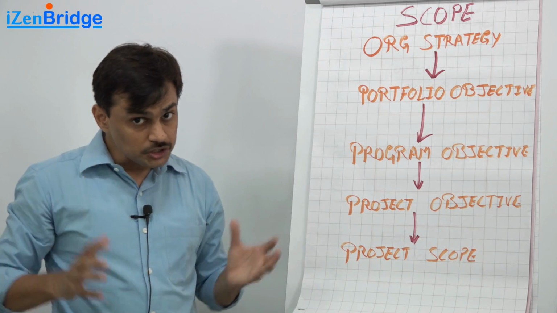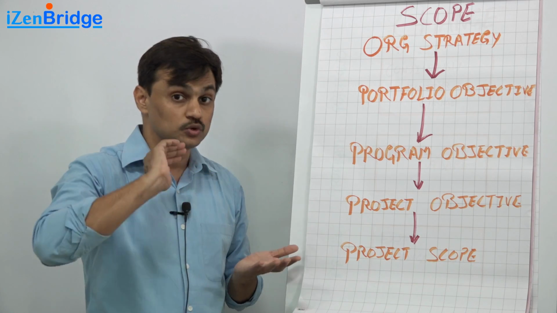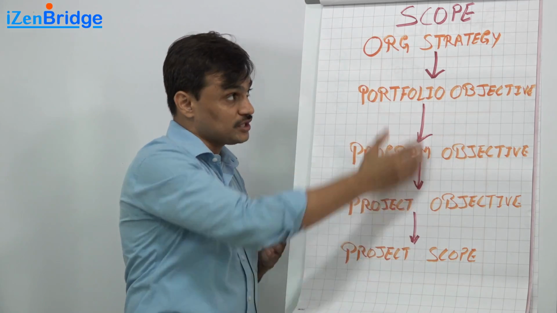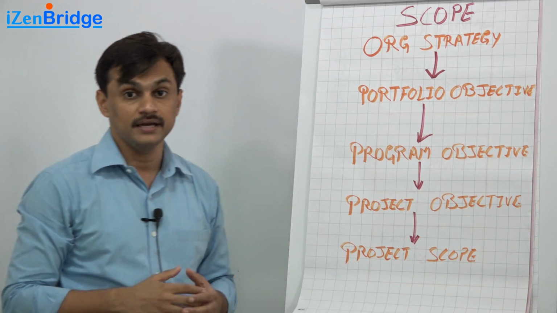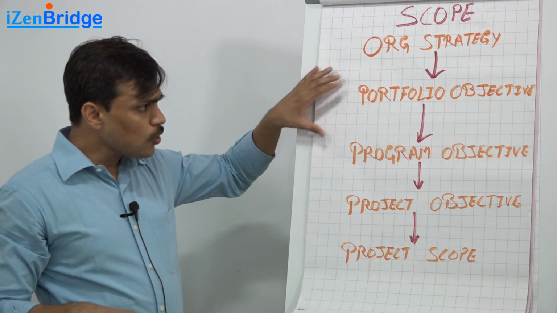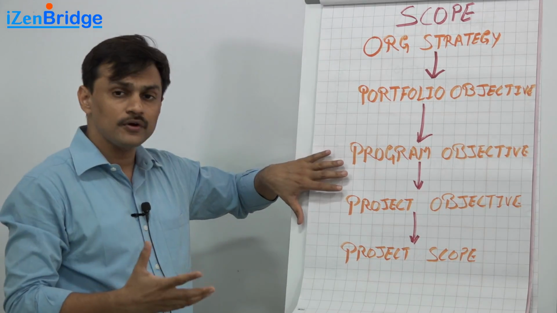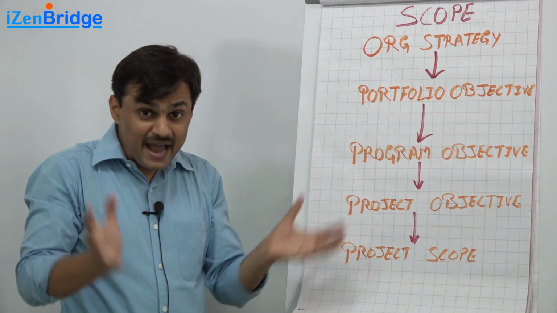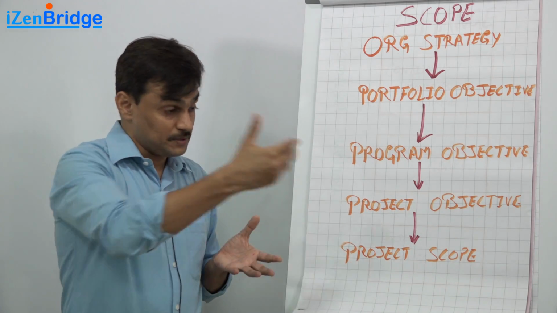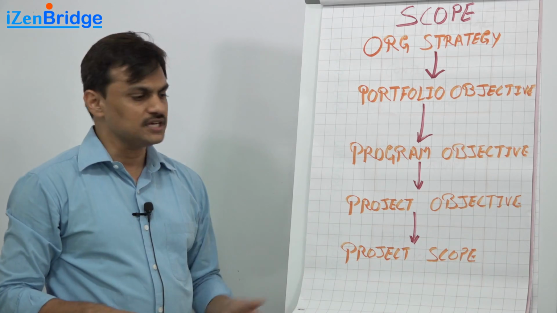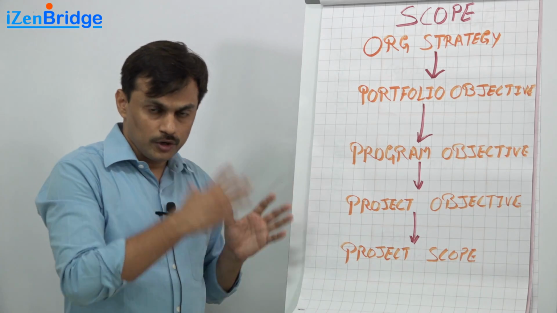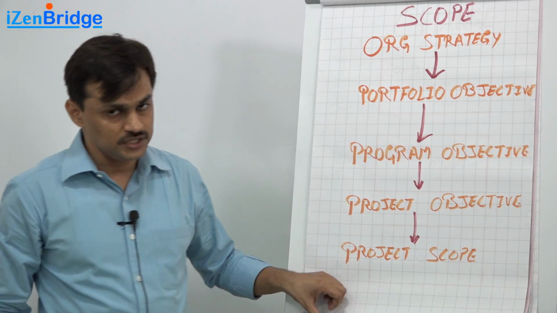But as a good project manager, one who delivers the project objective, keeping all these things in mind is a good idea. So the scope of a portfolio is achieving those portfolio objectives. The scope of a program is achieving the combined objective as defined for the program. The scope of a project is the project objective, and in order to achieve the project objective, we come up with the project scope.